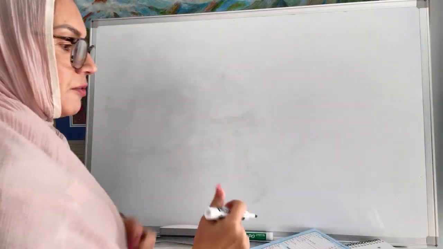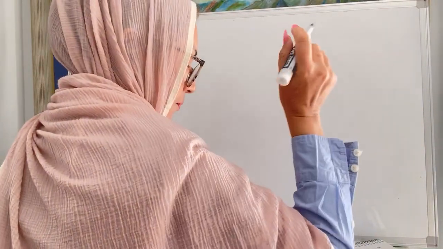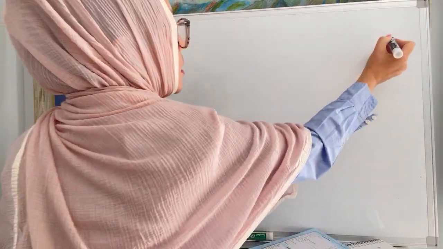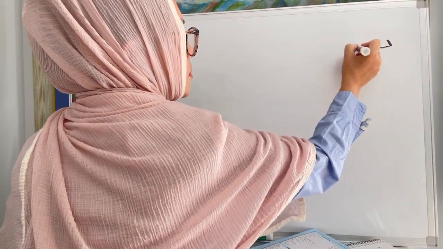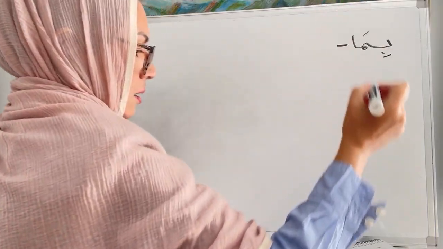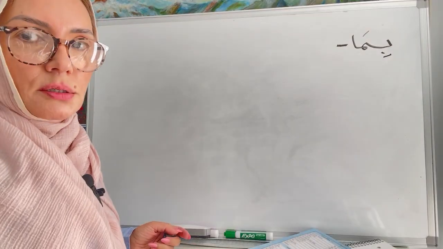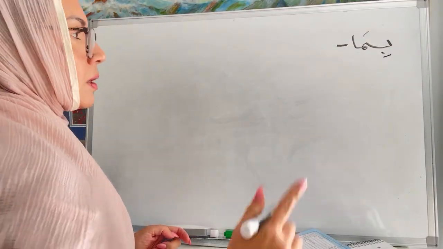Okay, so the first one we have is the harf ba attached with ma, and it becomes bima. It means with what or because, bima.